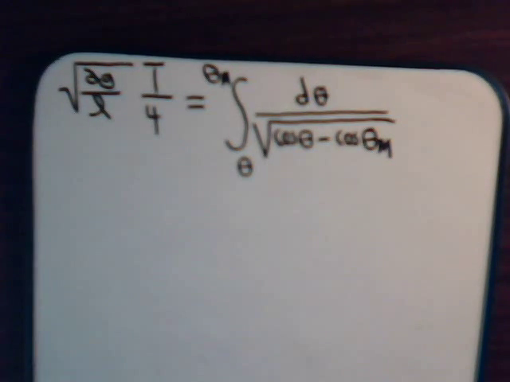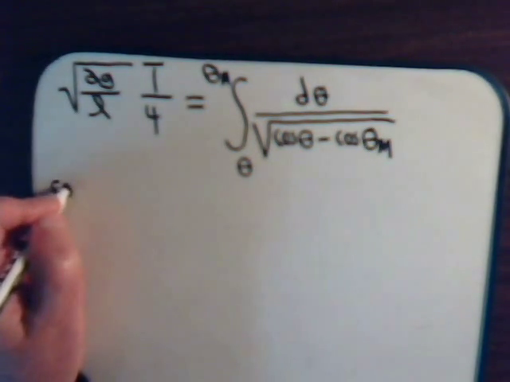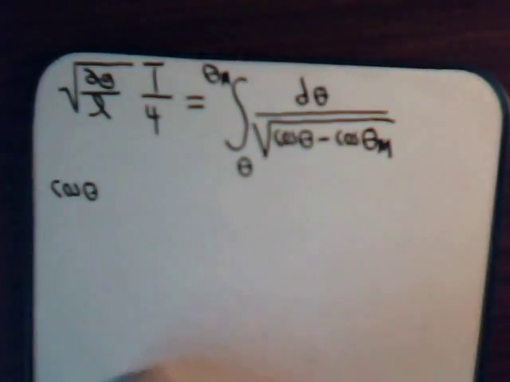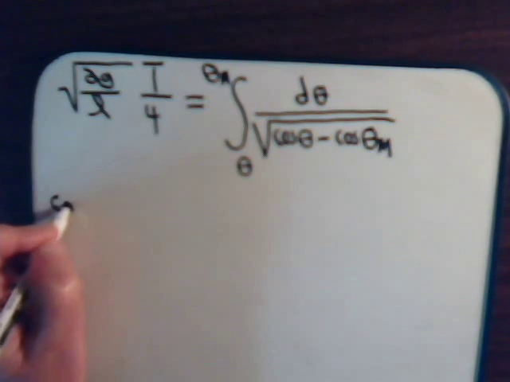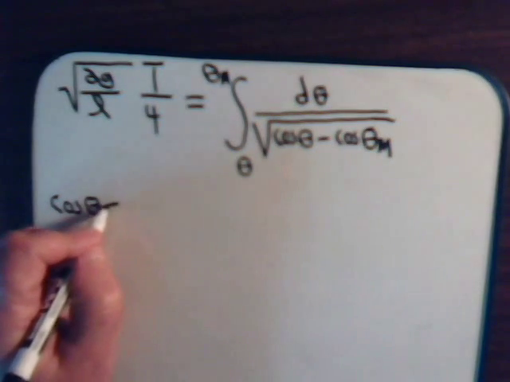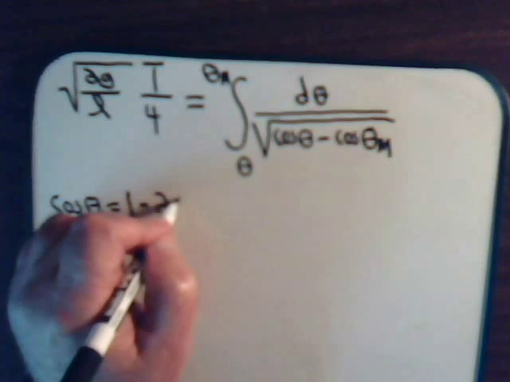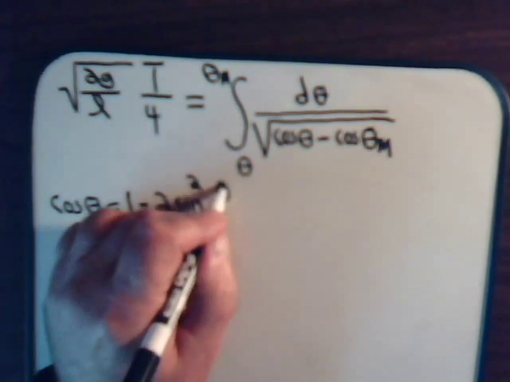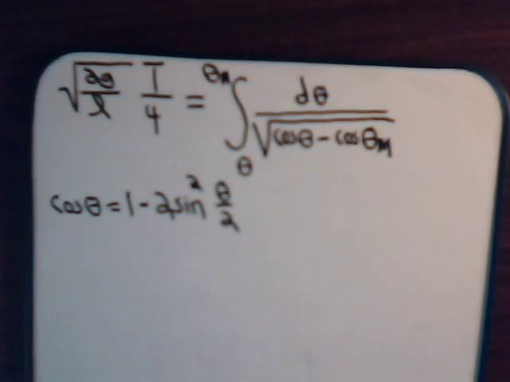So we remember the old trigonometric identity that the cosine of theta, actually let's make some more room here, the cosine of theta, for one of its forms, equals 1 minus 2 times the sine squared of theta over 2.